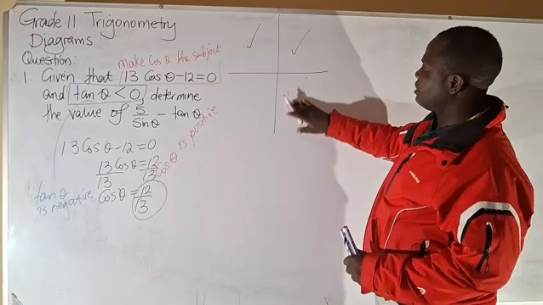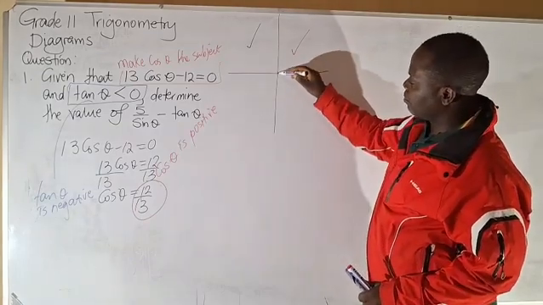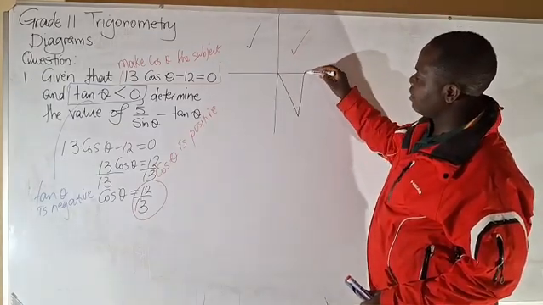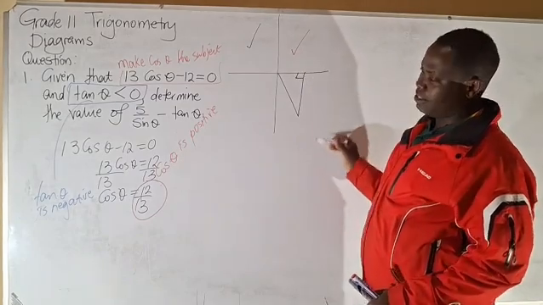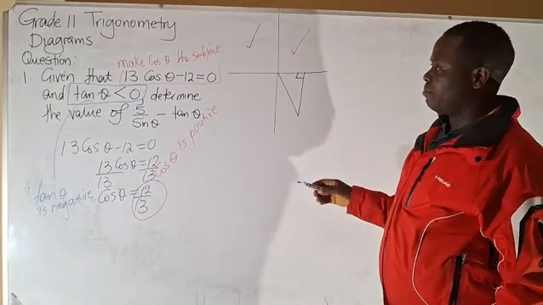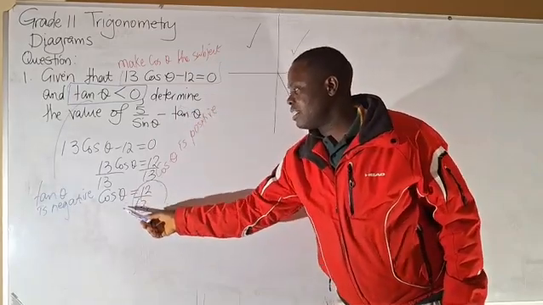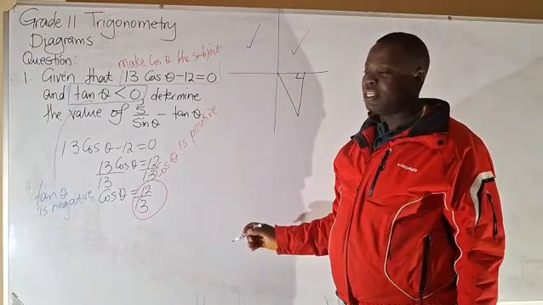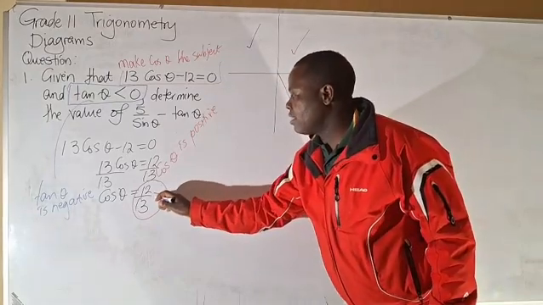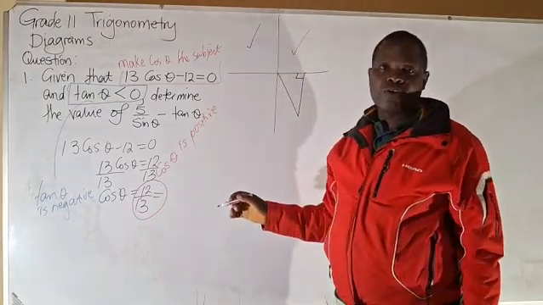Now, in quadrant 4, when you draw your diagram, you make sure that the 90-degree angle is on the x-axis. Now from here, we take the expression that we have, cos theta is equal to 12 over 13, and align this with the formula for cos.